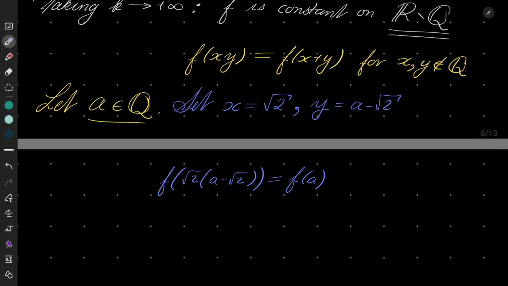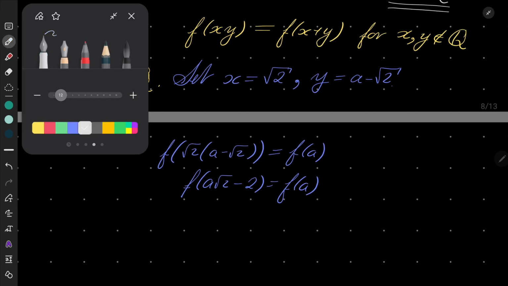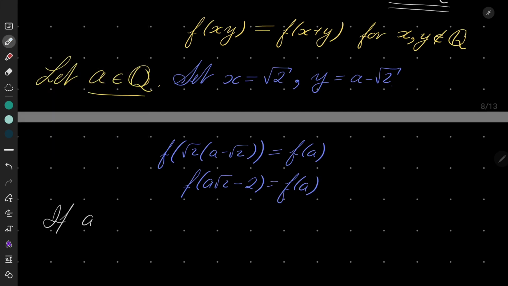Okay, but that means that f of a times square root of 2 minus 2 equals f of a, and that means that if a is non-zero, then a square root of 2 minus 2 is irrational, and that implies in turn that f of a equals f of some irrational number, and that means that f of a is this one constant value, which is attained by every irrational argument.